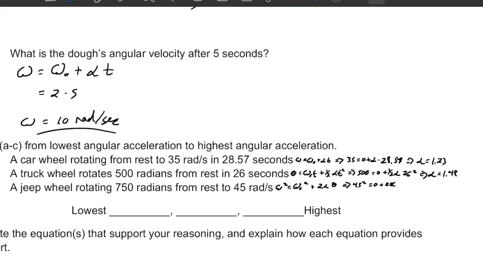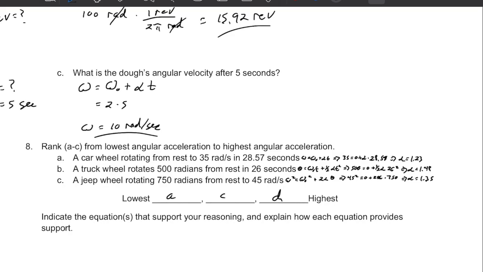So far my first one's 1.23, my second one's 1.48, so it's getting bigger. And with this one, it looks like I'm going to get 1.35. So my lowest is going to come from A, 1.23, the next lowest is C at 1.35, and my highest is B at 1.48, going from smallest to biggest, A, C, B.